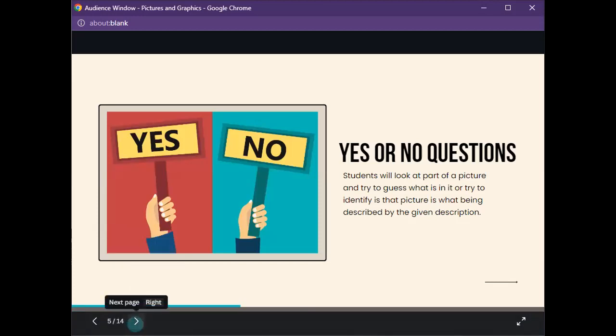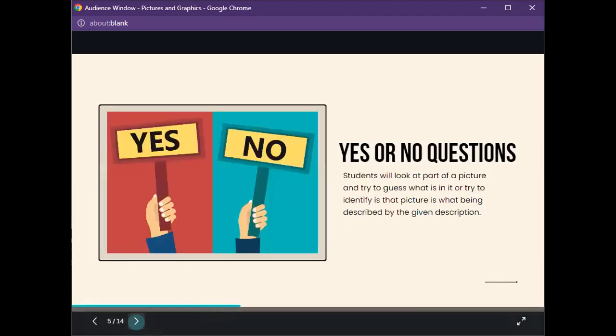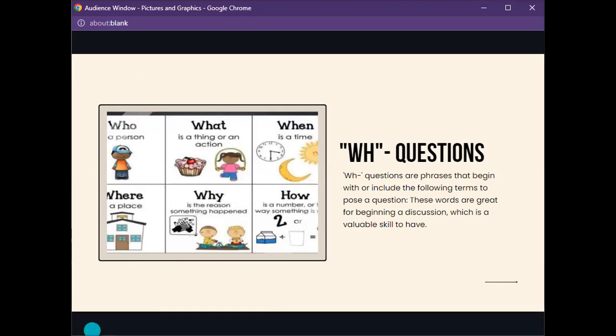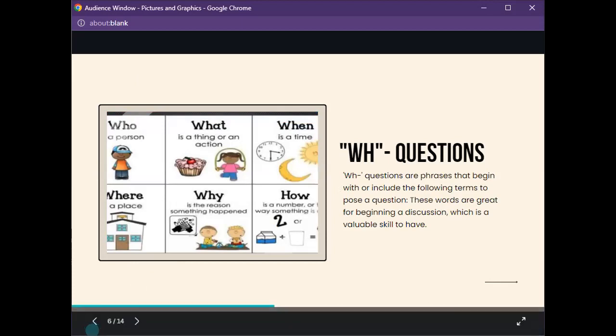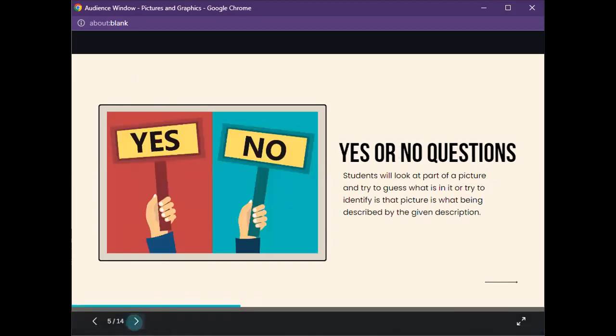For example, it is a car, then the answer is yes, it is, or no, it isn't. The second one is it is a dog. The response is yes, it is, or no, it isn't.